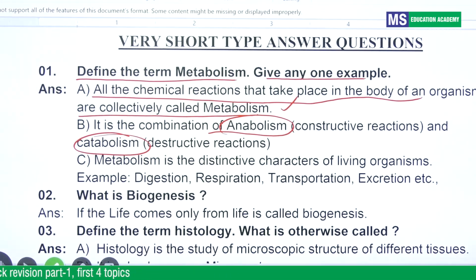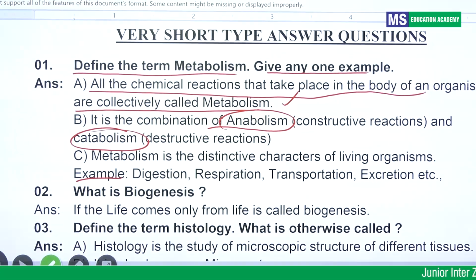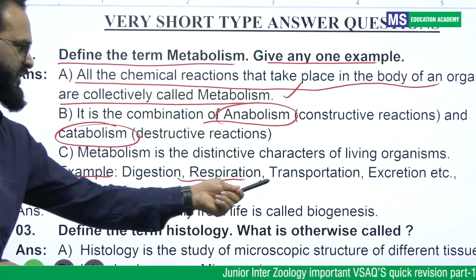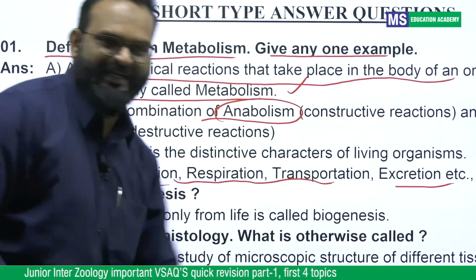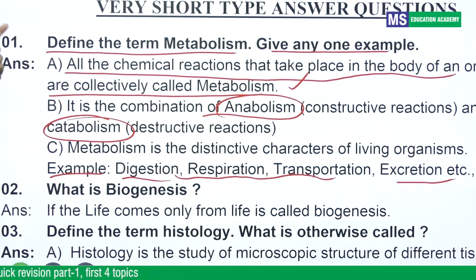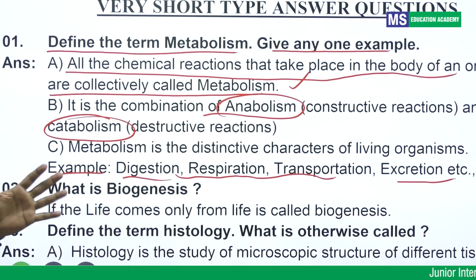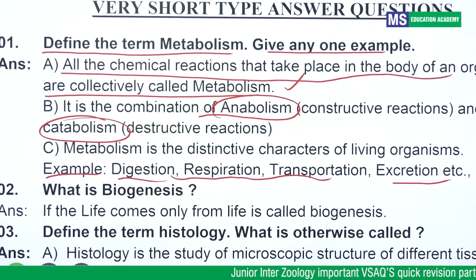But as an added statement, compulsorily write the example. For example, digestion, respiration, transportation, excretion, etc. So like this, when a question is given, you have to present the answer. Make sure you are writing neatly, legibly, and writing valid points.